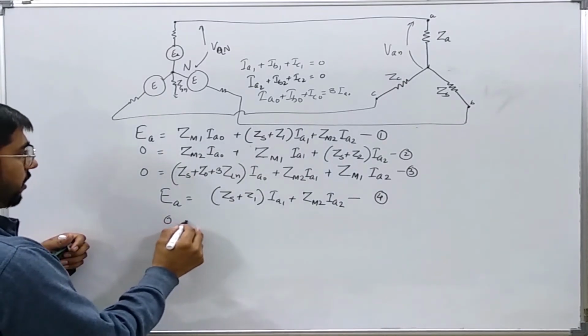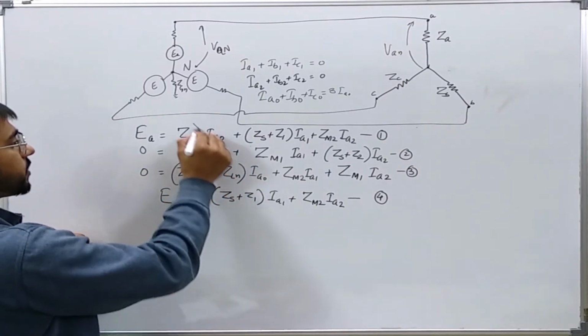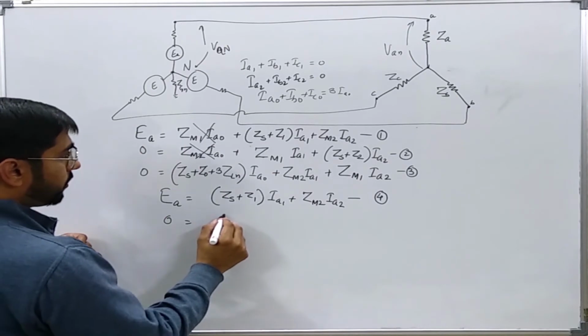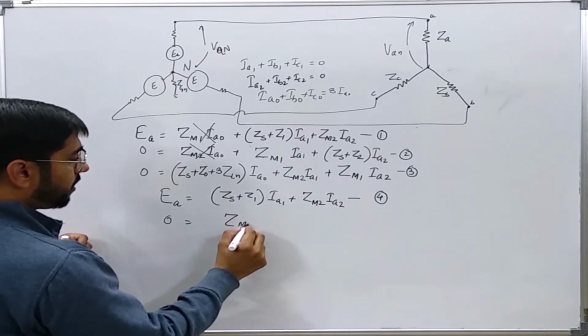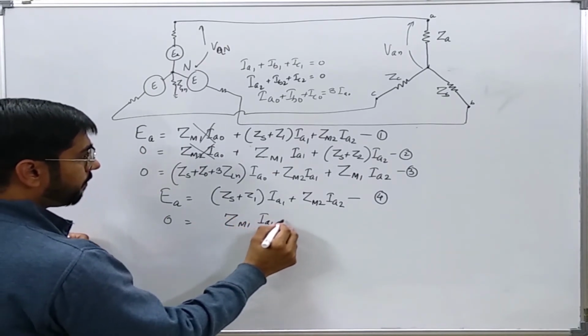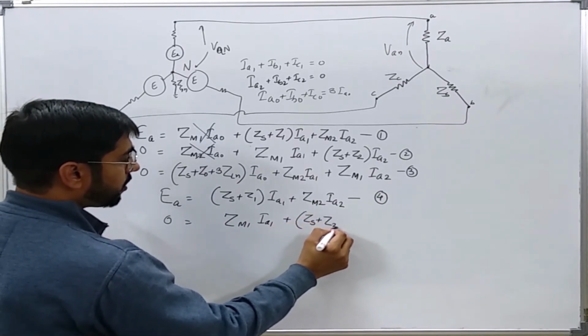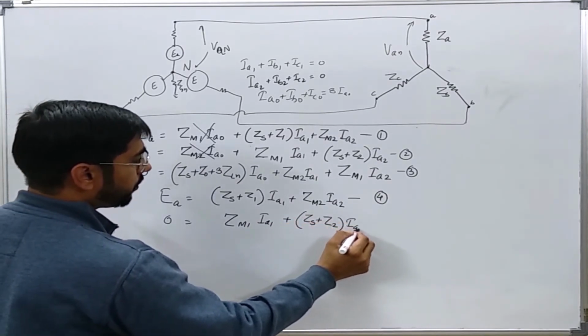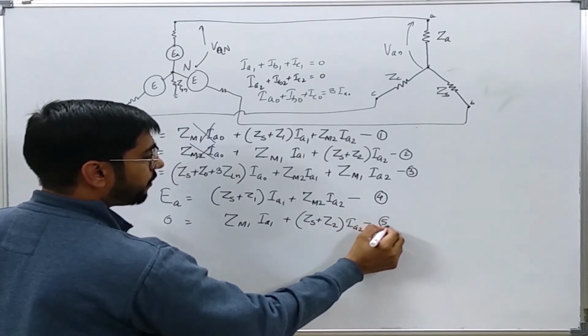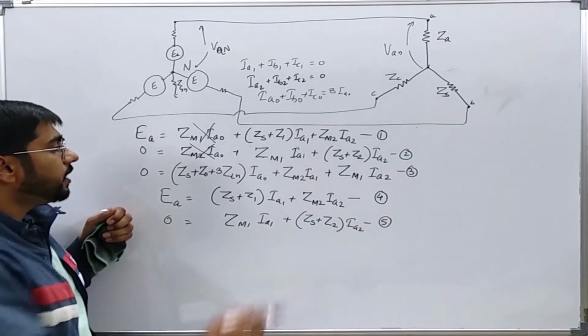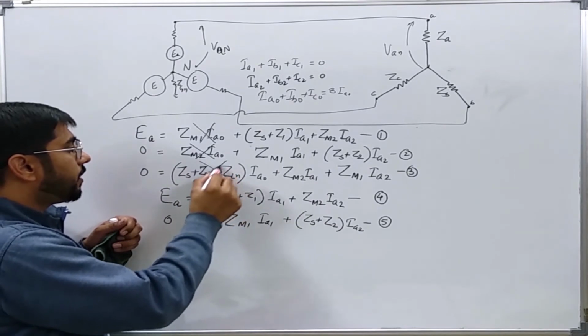and 0 equal to Zm1 Ia1 plus Zs plus Z2 Ia2. This is equation number 5. Now this term will not be here.